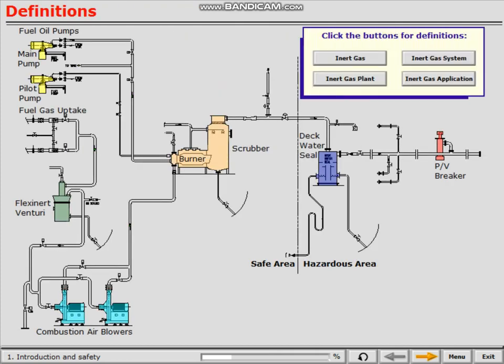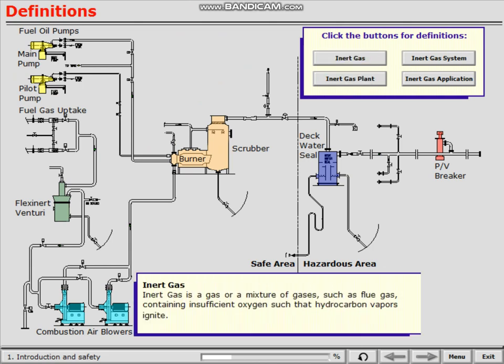Click the buttons for definitions. Inert gas is a gas or a mixture of gases, such as flue gas, containing insufficient oxygen, such that hydrocarbon vapours cannot ignite.